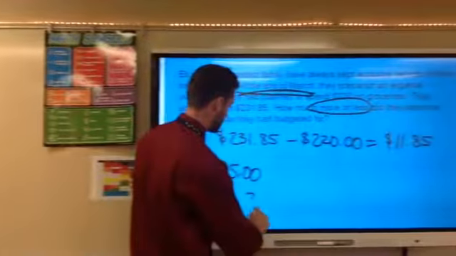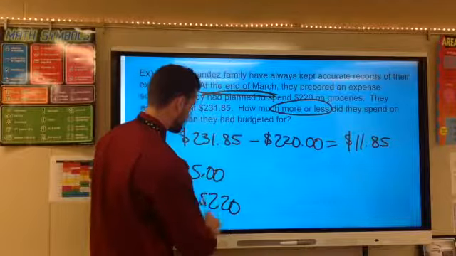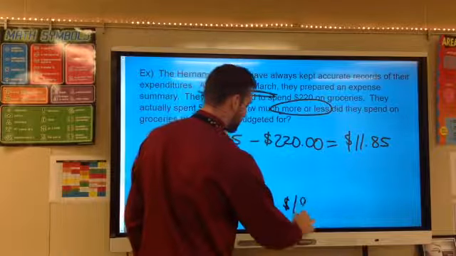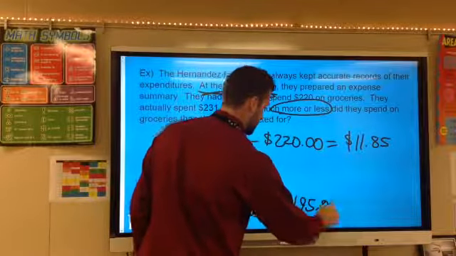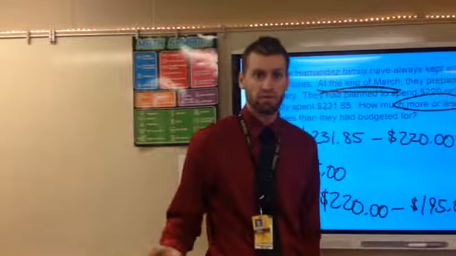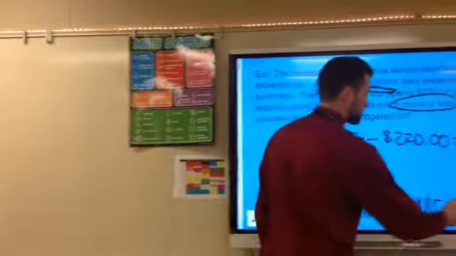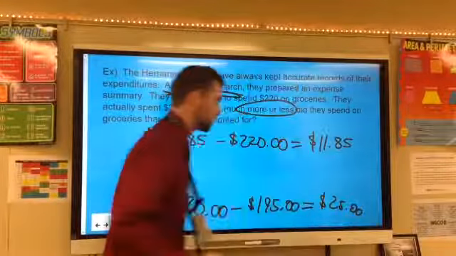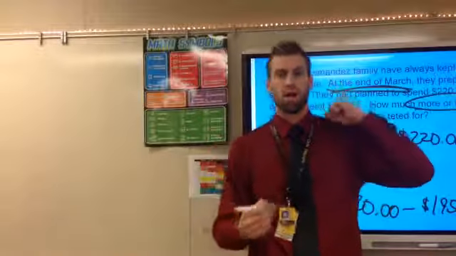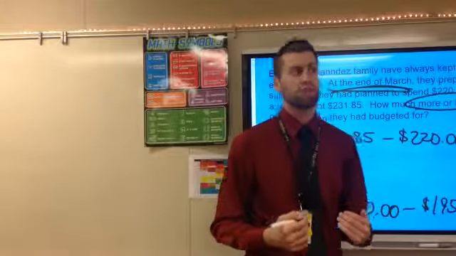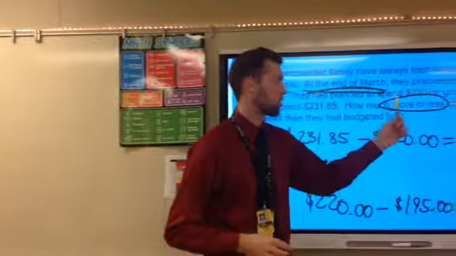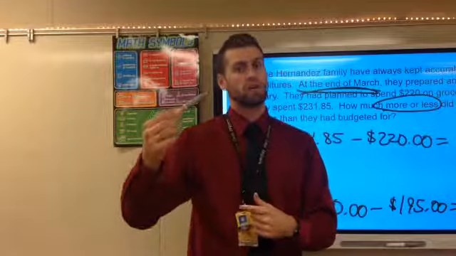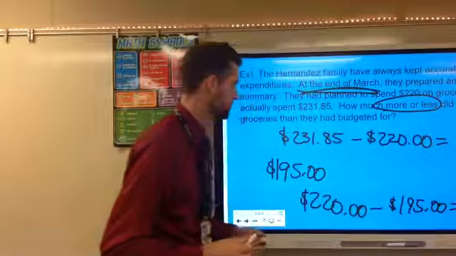Let's take that $220 that they've set aside, subtract off the $195, and we would say that they're $25 under budget. So they saved a little bit of money that month. Remember to always subtract the smaller number from the bigger number. We shouldn't have any negatives when we're talking about more or less. If you do have negatives, you'll have to flip your numbers and rework that subtraction problem.